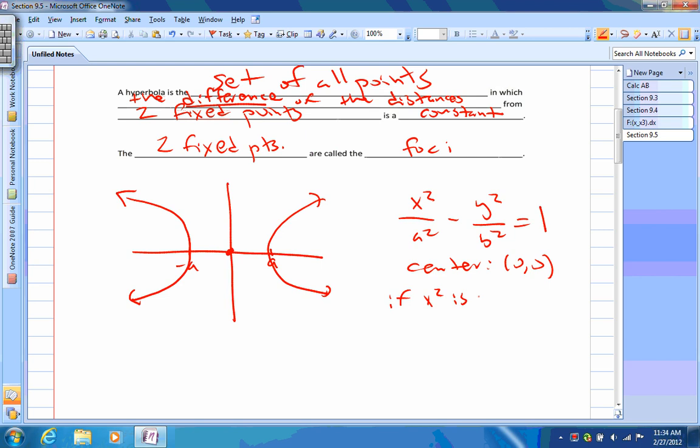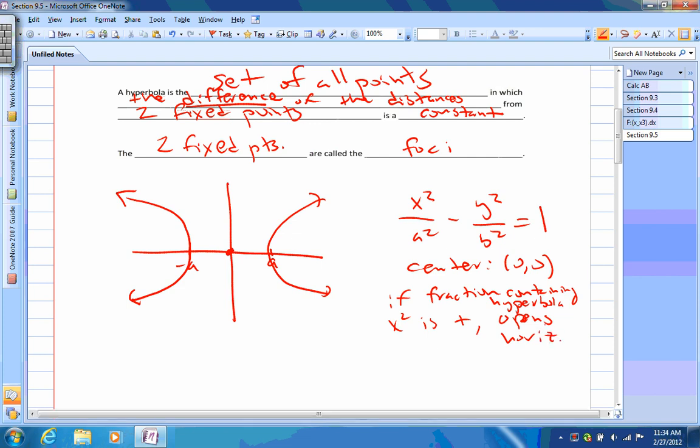If x squared, or probably a better way of saying this, if the fraction containing x squared is positive, the hyperbola opens horizontally.